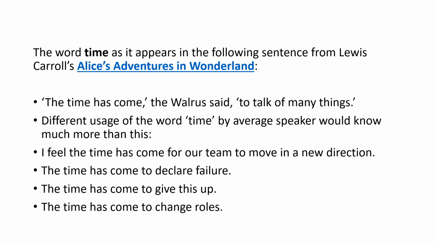But we can understand from this, the time has come, or to talk about many things, that there are different expressions that we can associate with this word. Every speaker would know much more usage of the word time than this.